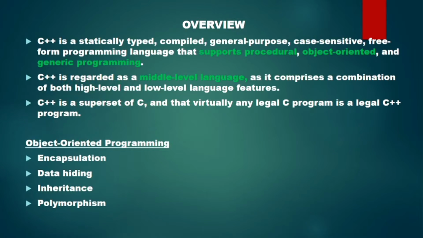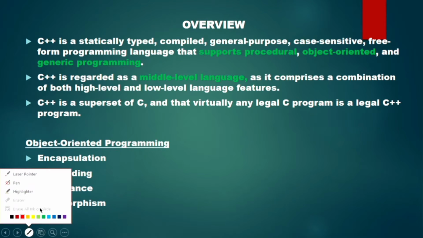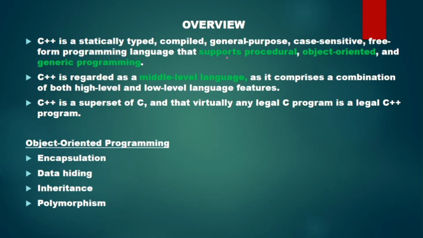C++ is a statically typed, compiled, general-purpose, case-sensitive, free-form programming language that supports procedural, object-oriented, and generic programming. C++ is regarded as a middle-level language as it comprises a combination of both high-level and low-level language features.